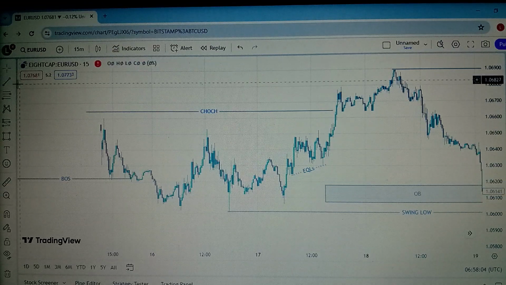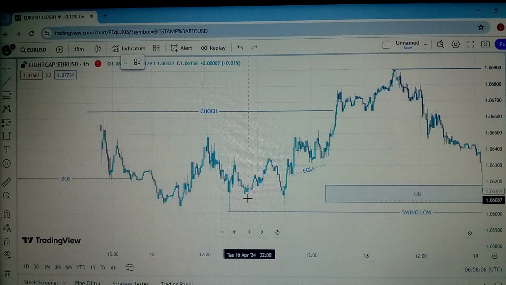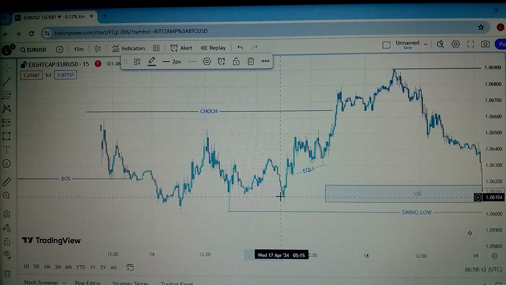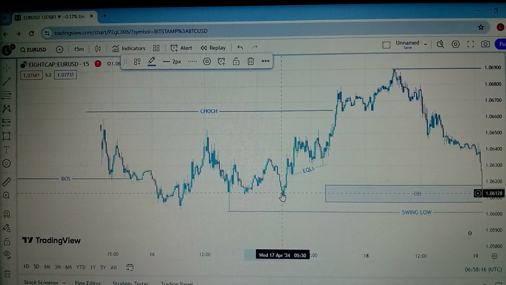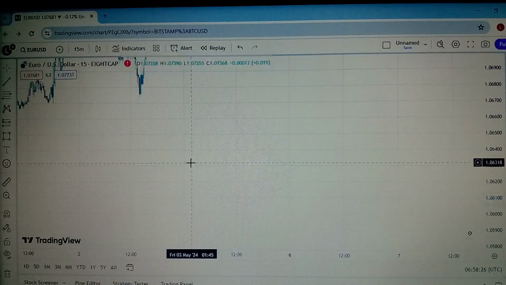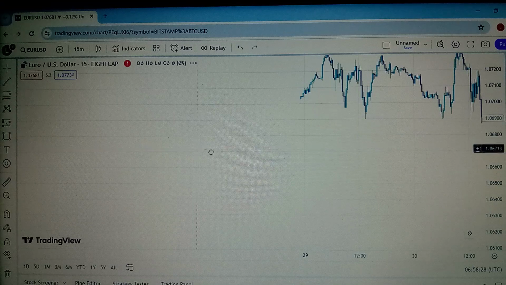We see that price takes this liquidity that's resting right here. Your order block should have liquidity to take, or should have taken liquidity. So you can see this order block has both of the tools I'm talking about: it has taken liquidity and it has liquidity to take too.